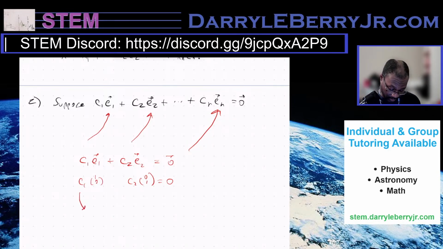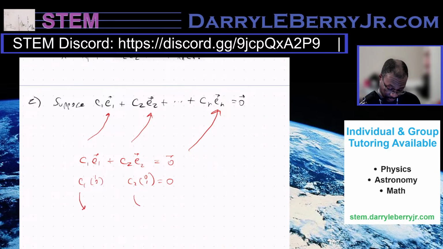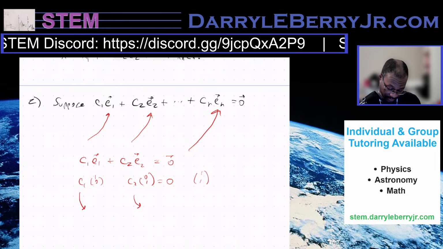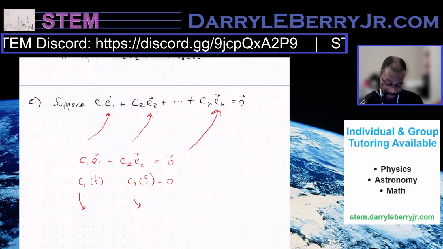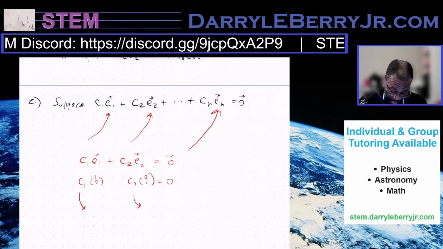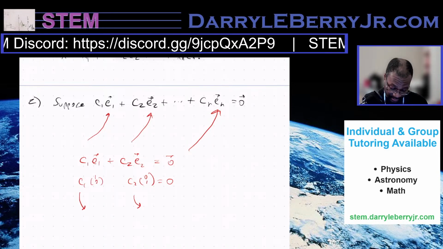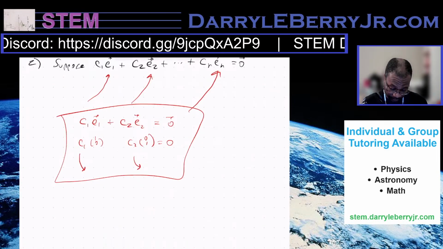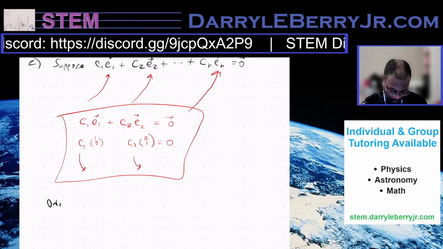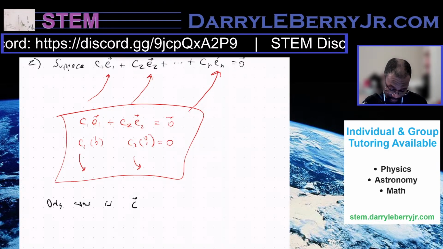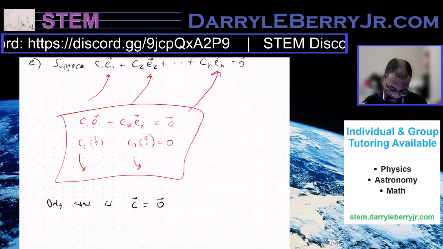If C1 was 1 and C2 was 1, we'd end up with 1, 1, this vector. Or if C2 was 2, and so on and so forth. So the only way we can make this equal to 0 is if the vector C is the 0 vector.